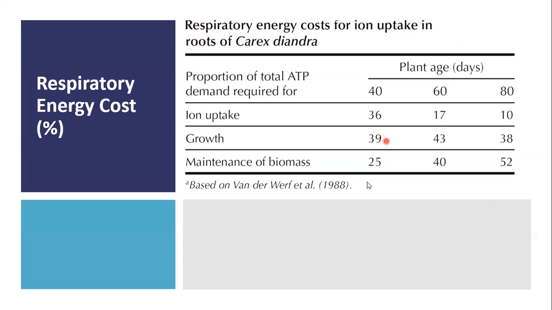So it means the internal movement is then more important as compared to ion uptake through the roots. Then at a later stage it is reduced again because the ion requirement is lesser. So for ion uptake in early plant growth, at young age, plants require more energy as compared to the older age.